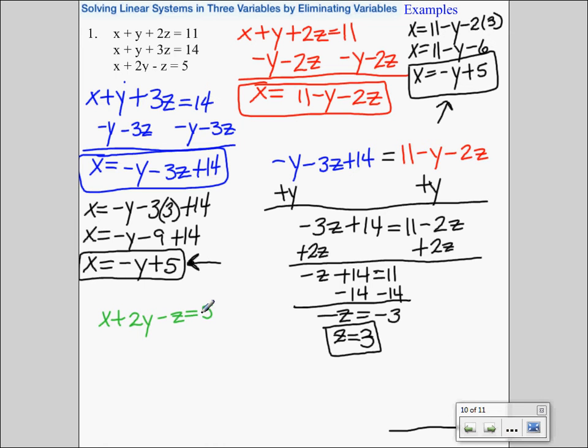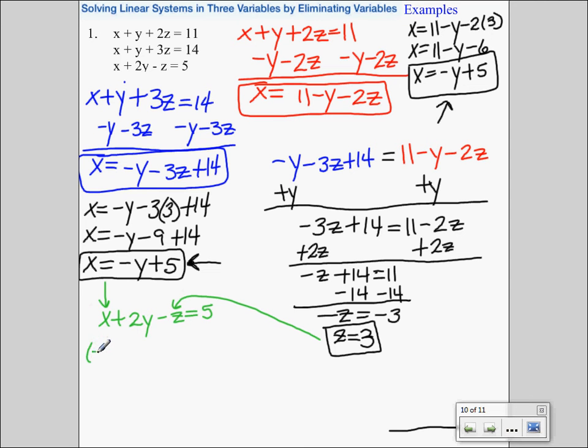And since we know what x is equal to, from what we boxed up here, the negative y plus 5, let's take that and plug it in for x. And since we know what z is, let's plug it in for z, and we'll see what we can get for y.